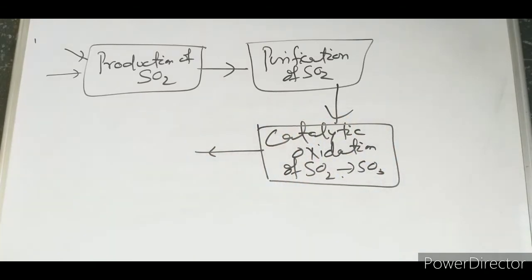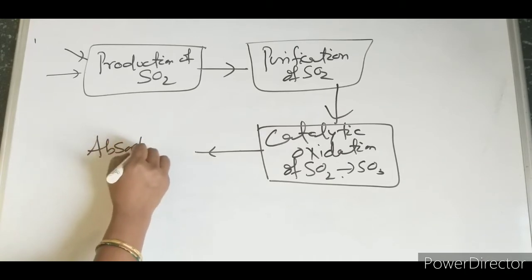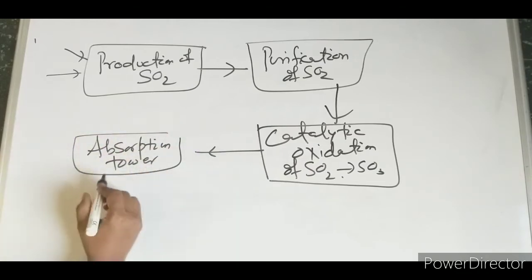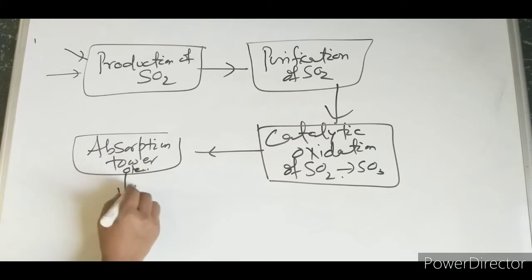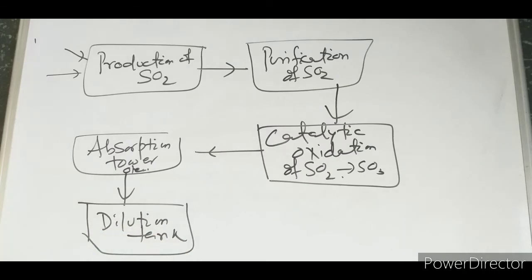Next is the absorption tower, where SO3 is converted to oleum. Then the dilution tank, where we get the desired concentration of H2SO4. So this much, now we will go to the process.